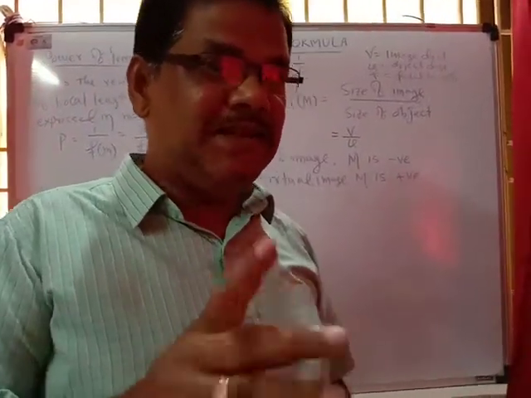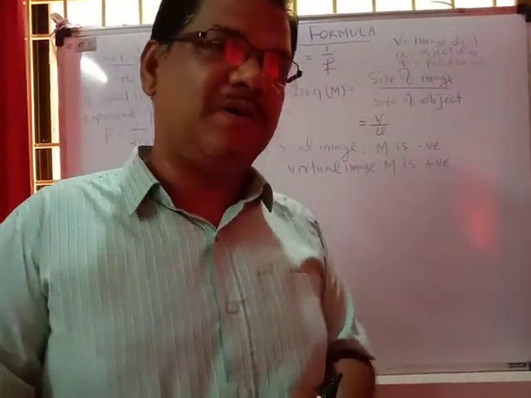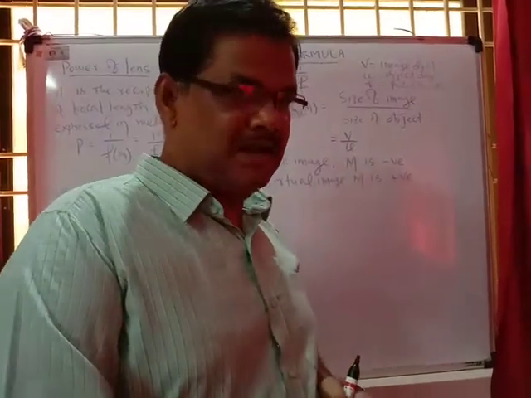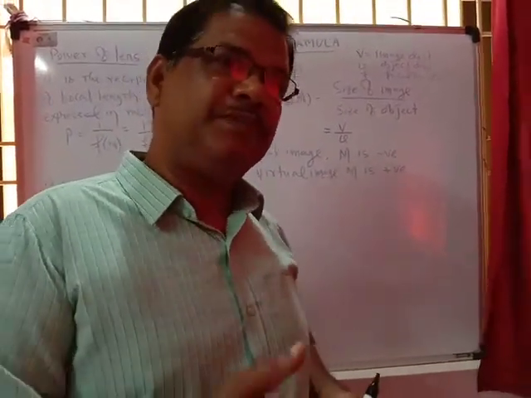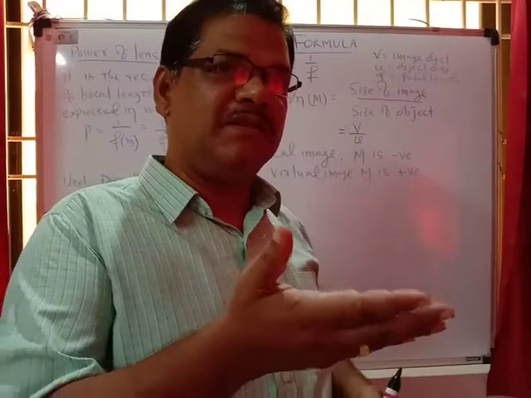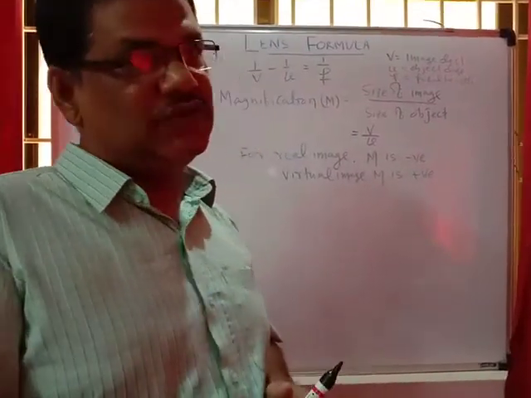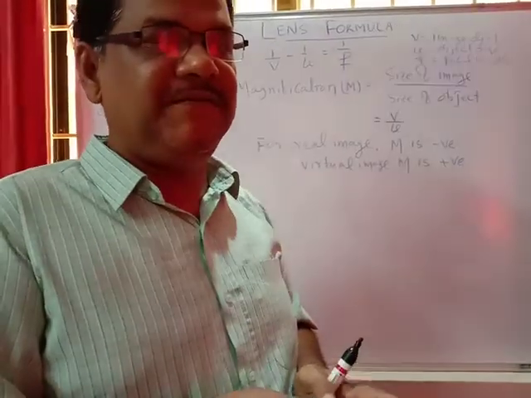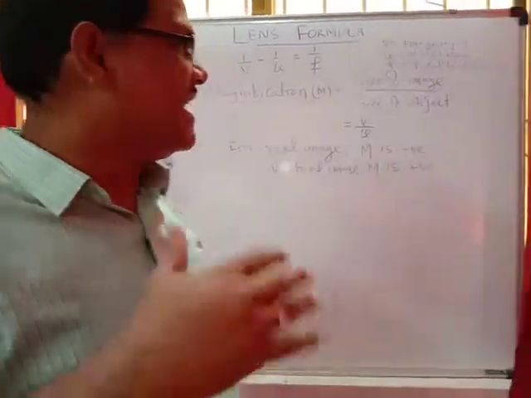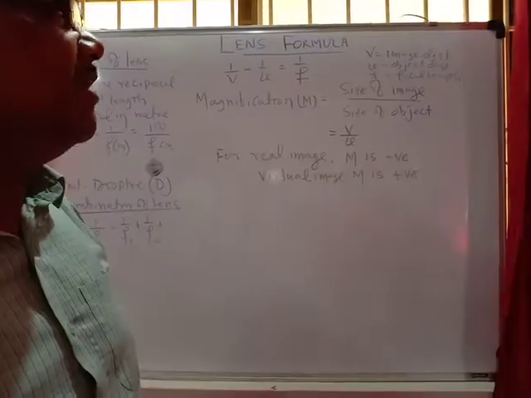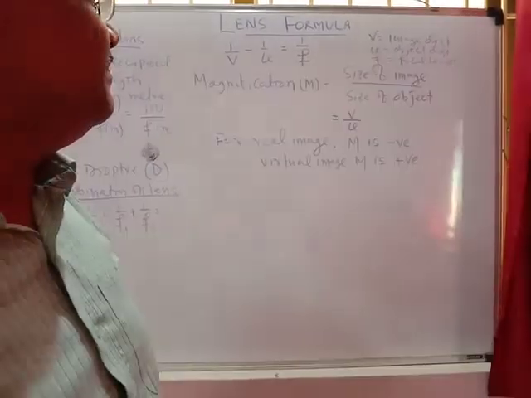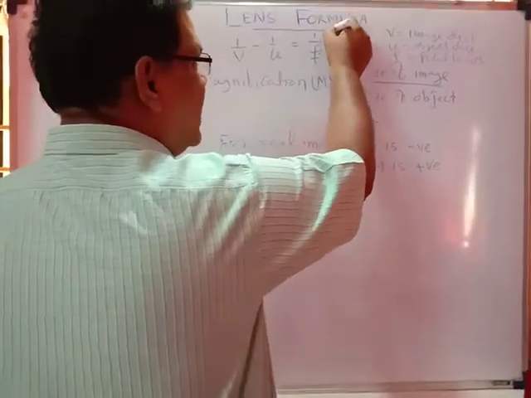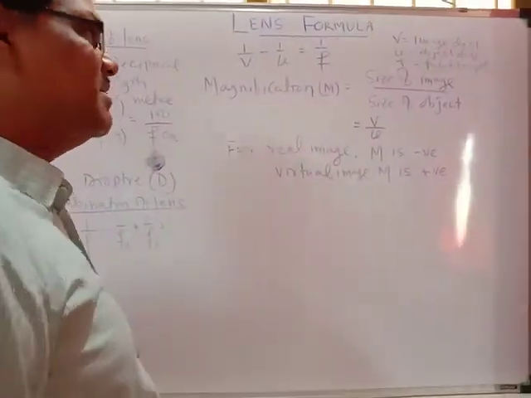For image distance, if the image is formed on the right side of the lens, it is taken positive. If the image is formed on the left side, it is taken negative, because any measurement towards the left is negative and any measurement towards the right of the optical center of the lens is positive. So here is the lens formula. You have to apply it, and you can clarify it by solving some numericals.